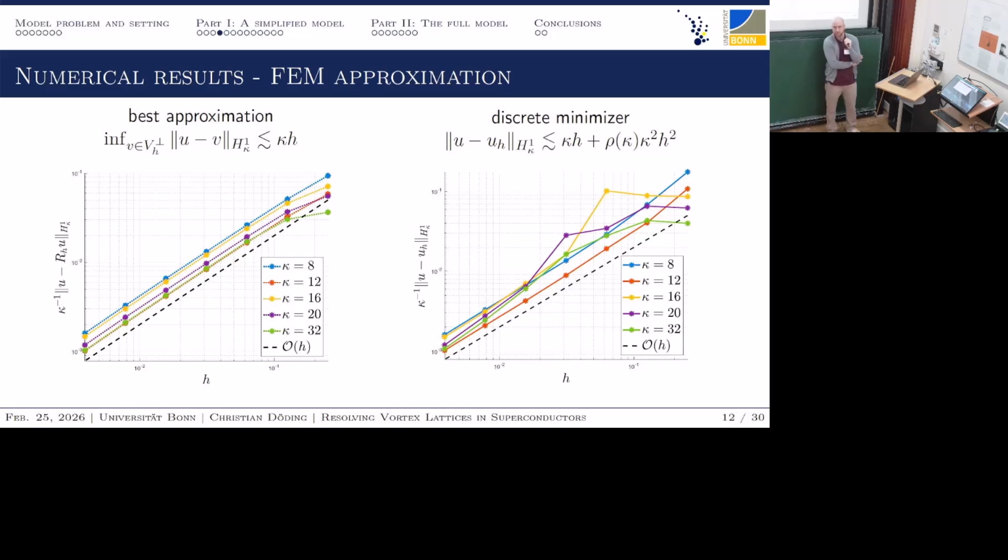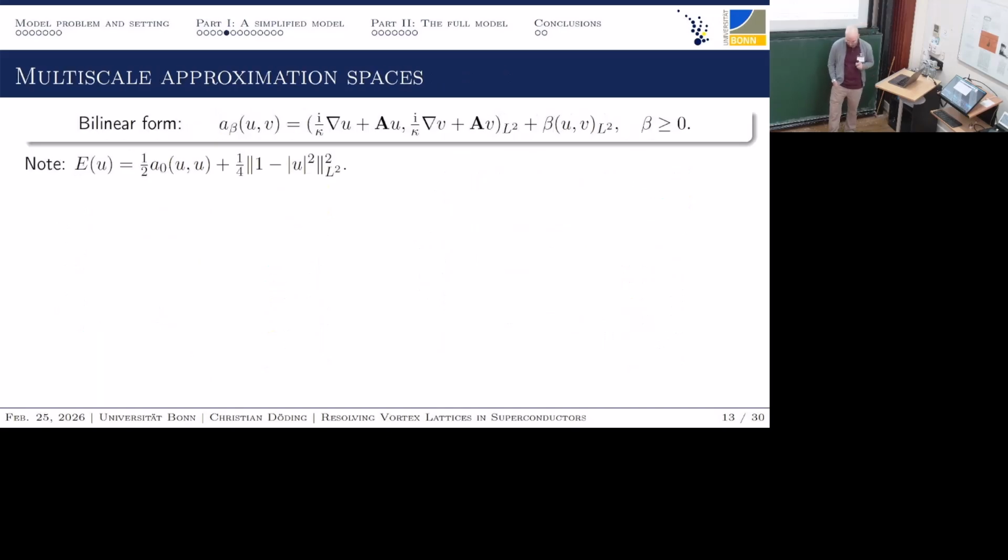The analysis actually just needs some assumptions on the approximation space, so it generalizes to higher order finite element spaces. Okay, so let me come to the second question that I raised. Can we define a good approximation space in the spirit of the topic of this workshop? So what is a good approximation space that maybe relaxes this resolution condition?